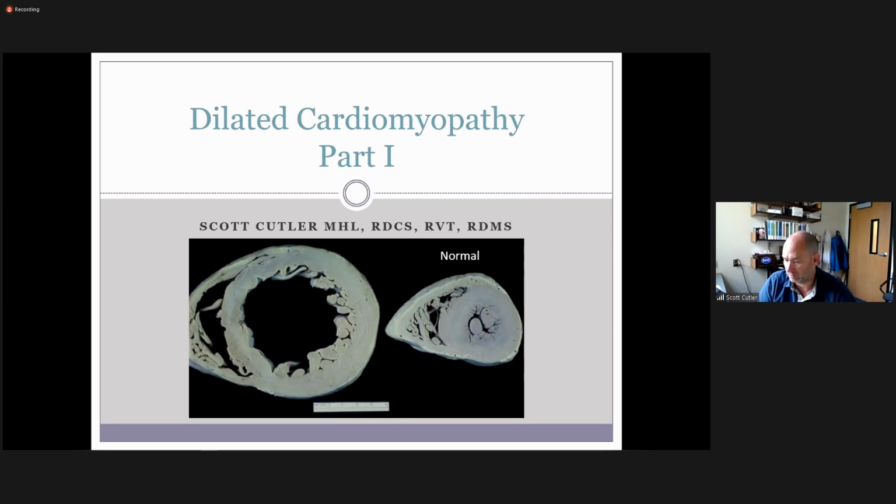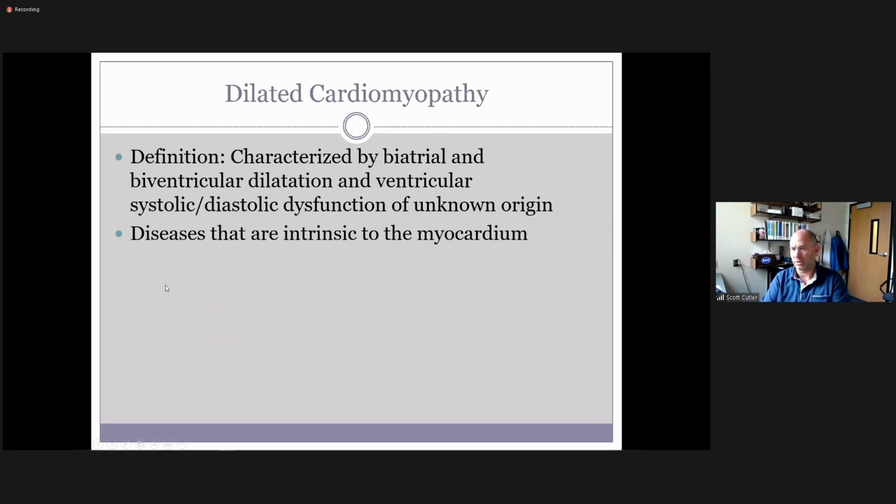The definition: it's characterized by bilateral and biventricular dilation and ventricular systolic and diastolic dysfunction with an unknown origin. In other words, we've got a big dilated heart. It's usually going to affect both sides of the heart, and it is independent.